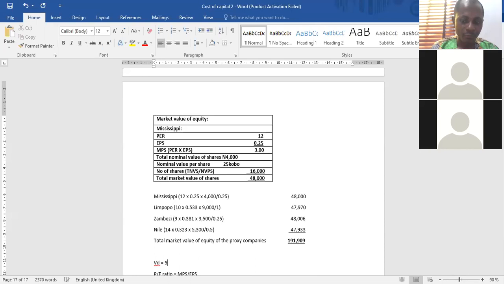Just add them together: 5,300 plus 12,600 plus 18,200 plus 4,000.